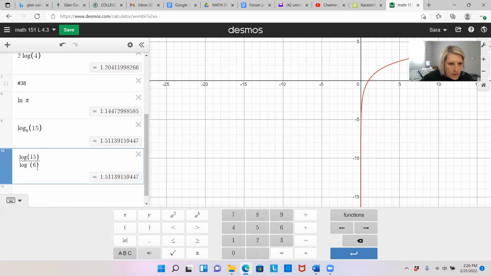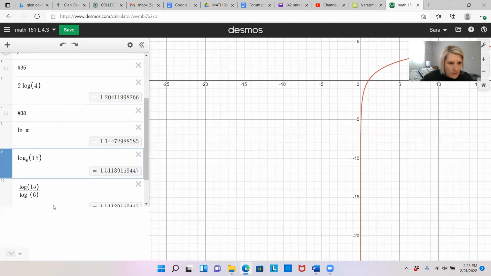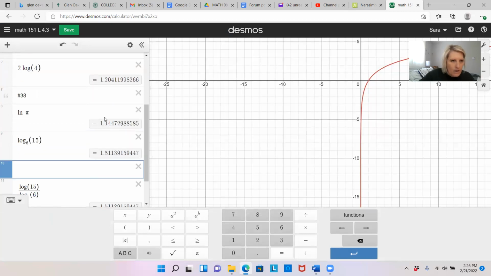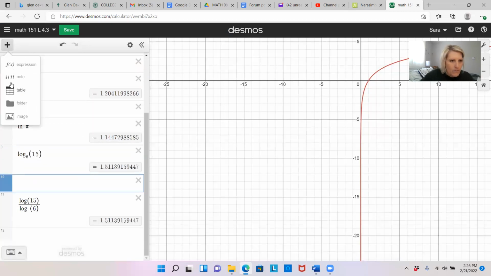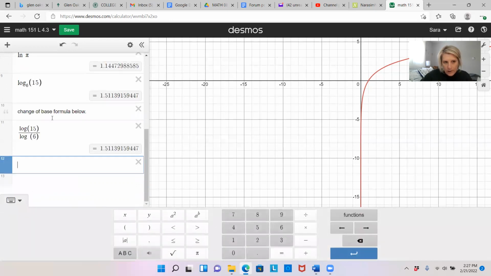So you can see that you can use the change of base formula to do the same thing. But because we don't even need the change of base formula, we can just use the log base a formula in Desmos, which is nice that it does that.